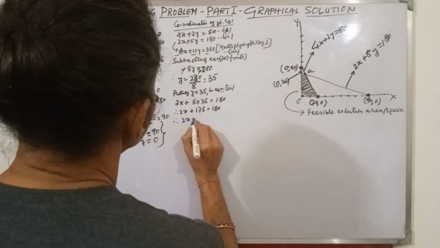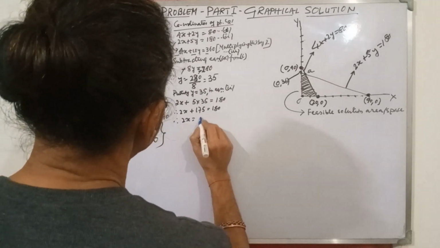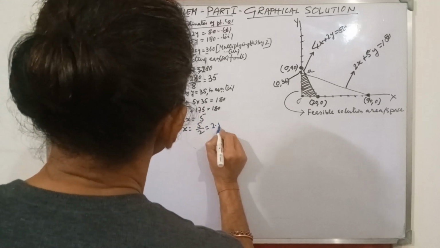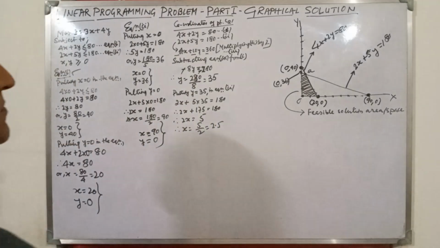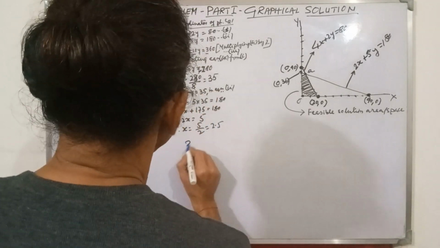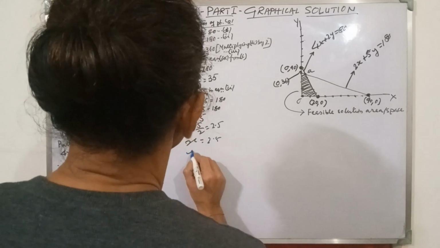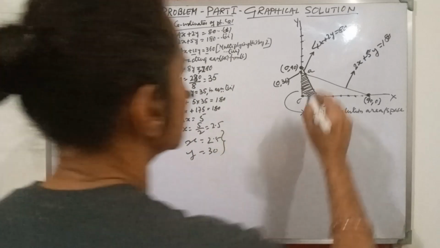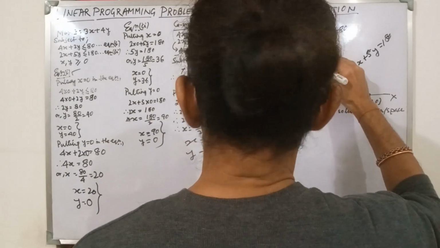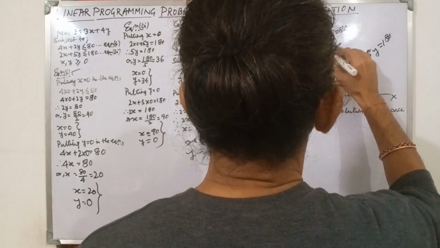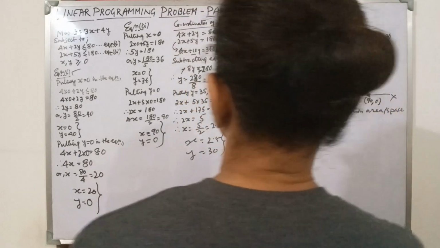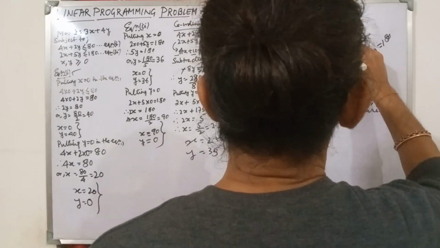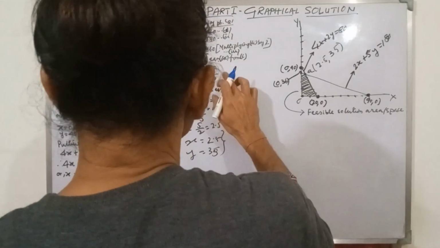Therefore, 2x equals to 180 minus 175, that is 5. Therefore, x equals to 5 by 2 equals to 2.5. So the coordinate is x equals to 2.5, y equals to 35. The coordinate of A is 2.5, 35.